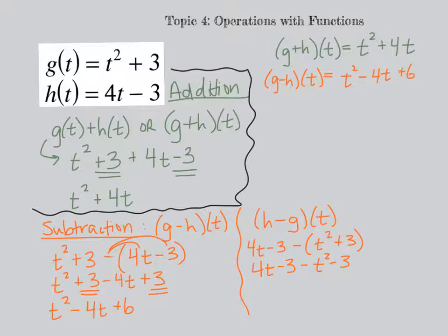To then write that in a good standard form order, we want to make sure we have the squared term first. In the other examples, it just already was first. Here it's not. So we'll rewrite as negative t squared. Then we had a plus 4t out front. Then we combine our like terms of negative 3 and another negative 3 for a minus 6 at the end.